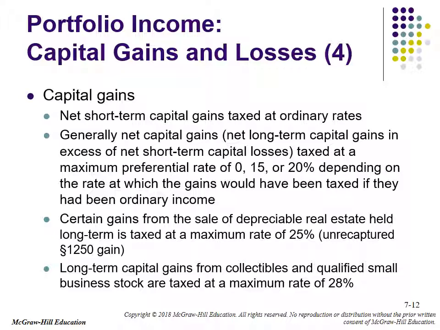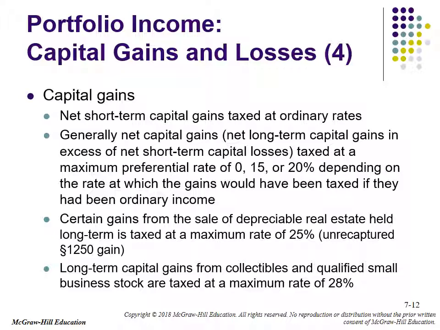Here's your second stock. This stock you bought in 1989 for $2,000. You sell it on June 30th, 2017 for $5,000. Subtract the $2,000 from the $5,000, you have a $3,000 long-term capital gain. We don't put on our tax return a $3,000 long-term capital gain and subtract a $500 loss right on the tax return.